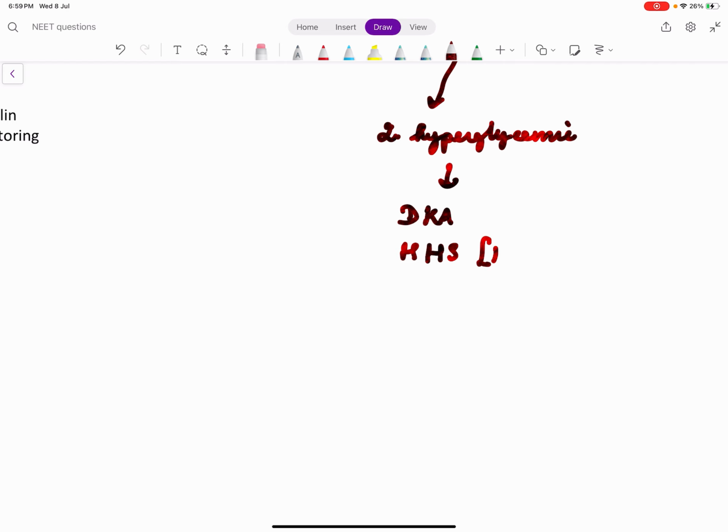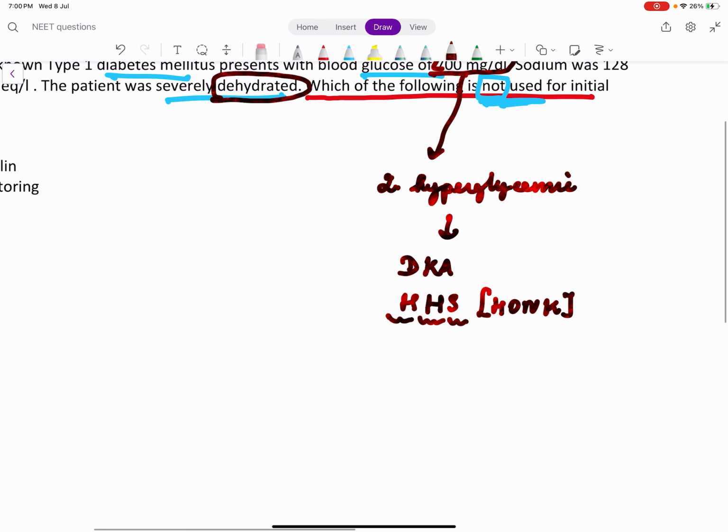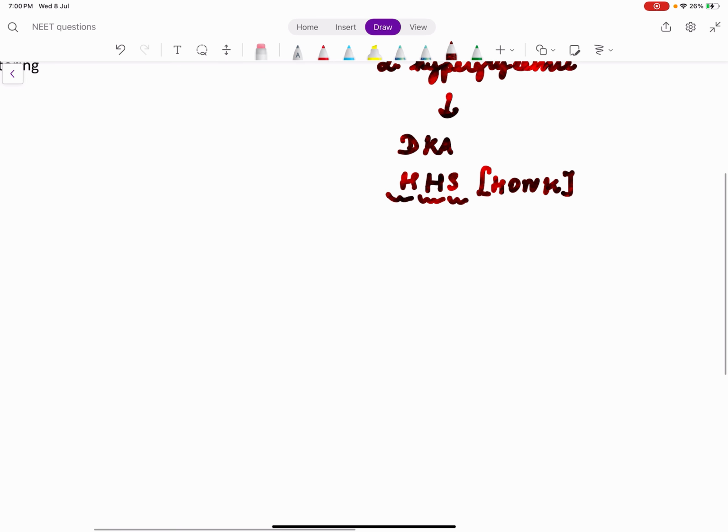The previous term of HHS was HONK, hyperosmotic non-ketotic coma. Now it is called hyperglycemic hyperosmolar state. The treatment is basically the same. When sugar is high, we are going to reduce sugars, we have to increase hydration.